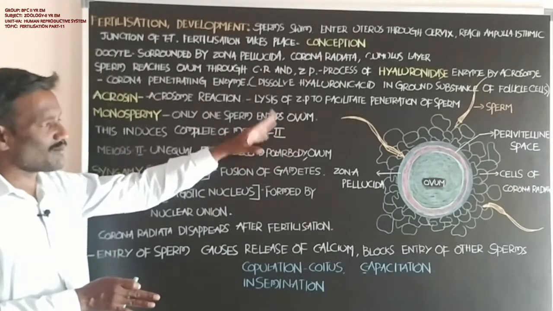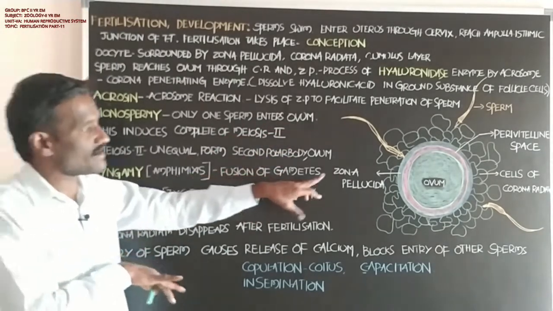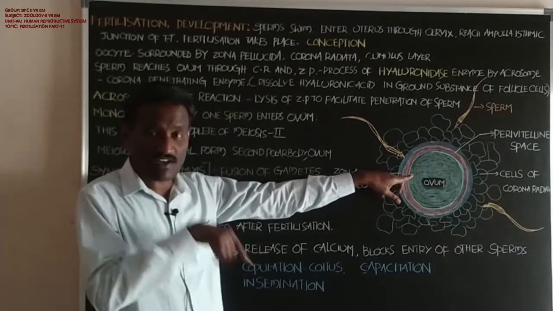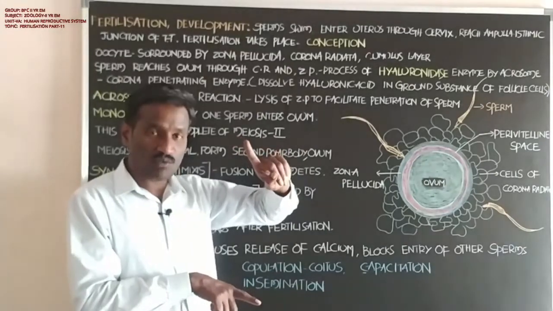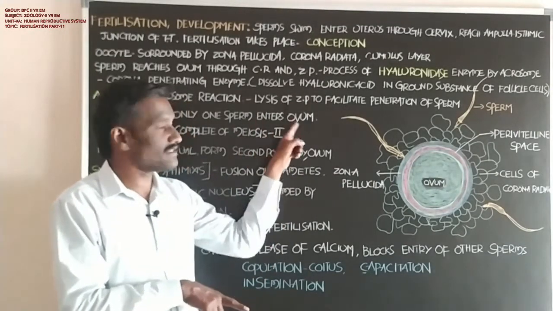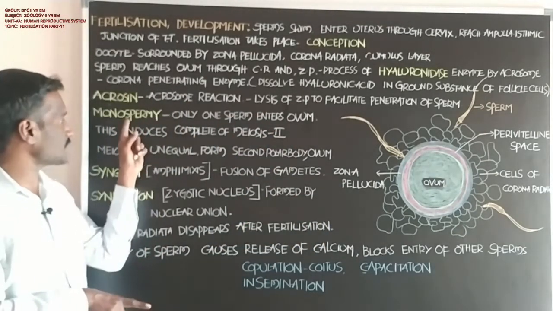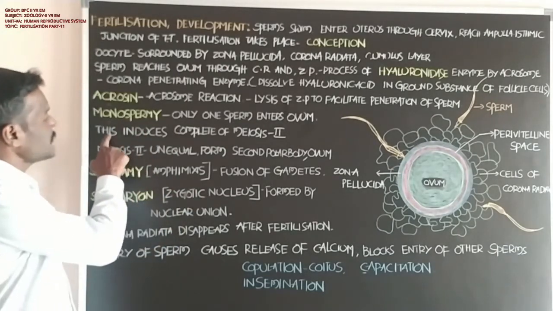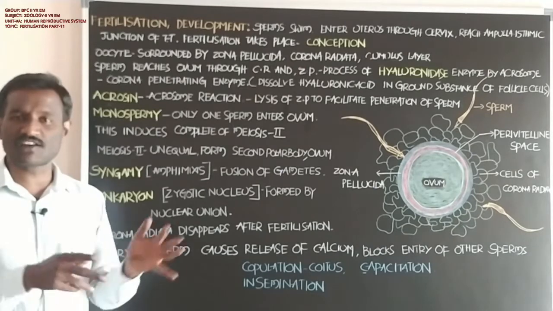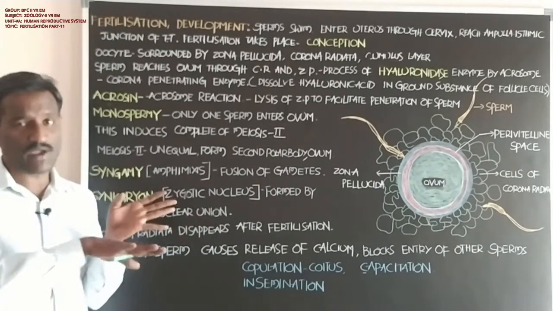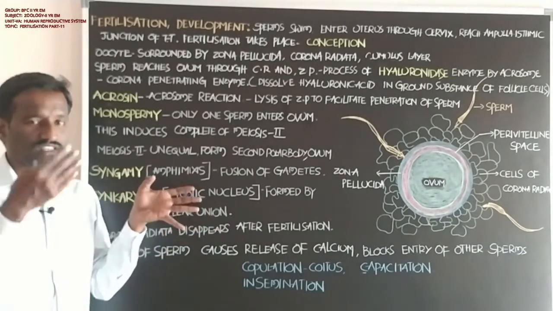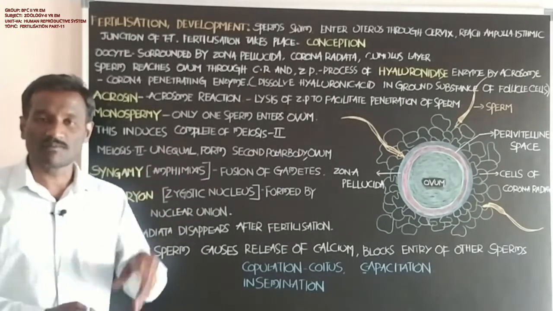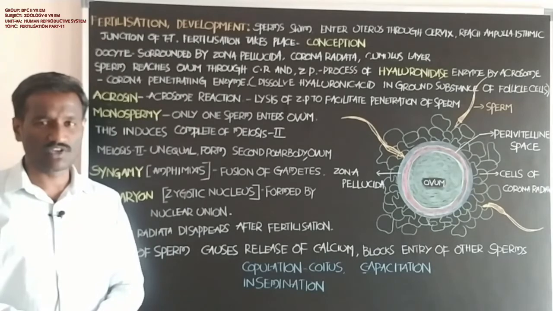Okay, a number of sperms try to enter the inner part of the ovum to fertilize it, but only one sperm enters the ovum. That is called monospermy. Okay, next, this induces completion of meiosis II. When monospermy occurs, it stimulates the completion of meiosis II.